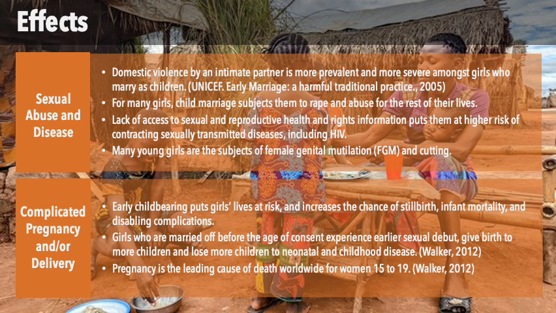They may have gone through puberty, but as we know, as women, there's a lot more that happens in the time after puberty that gets us to a place in which childbirth is safe or safer for our bodies. And then pregnancy is the leading cause of death worldwide for women 15 to 19.